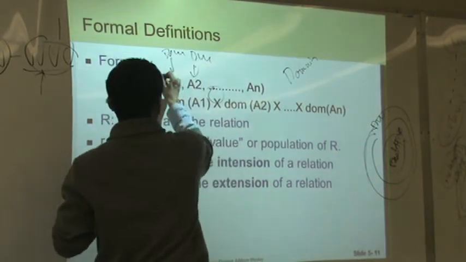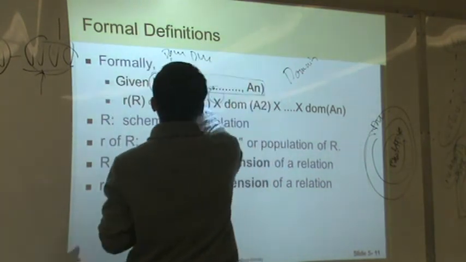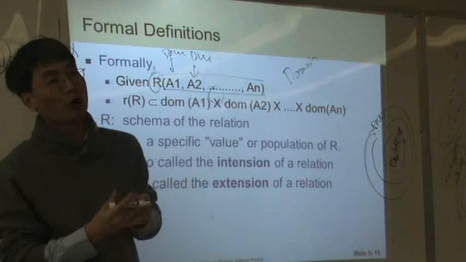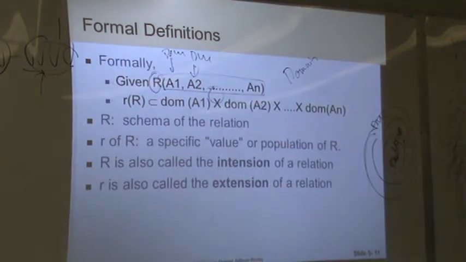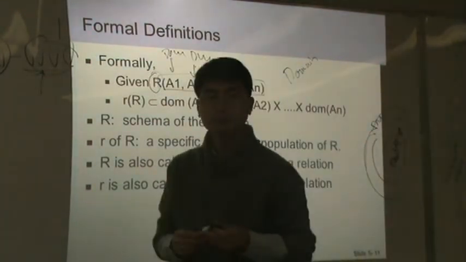So we can define relation R as a group of attributes. Also, how can we define the relation? It's a group of attributes, a group of data, right? How can we represent a group of data?